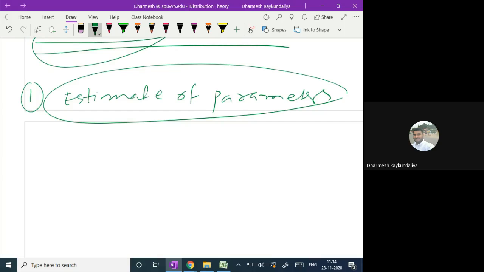Several methods are there. Patel sir will explain the various methods, and then we have to see what the properties of those estimators are: whether it is consistent, unbiased, sufficient, minimal sufficient, complete, etc. You will study that separately in the estimation part. But again, I will come back to that.